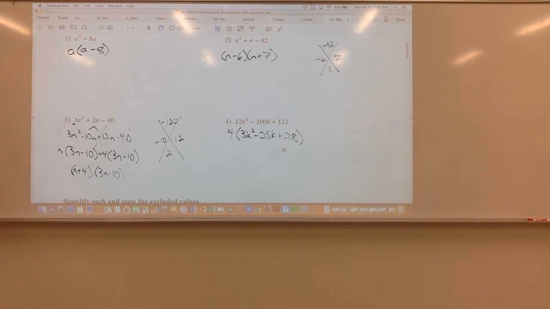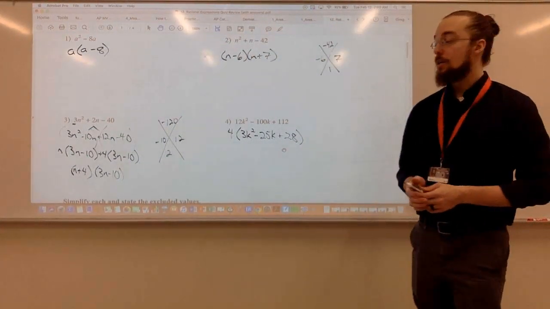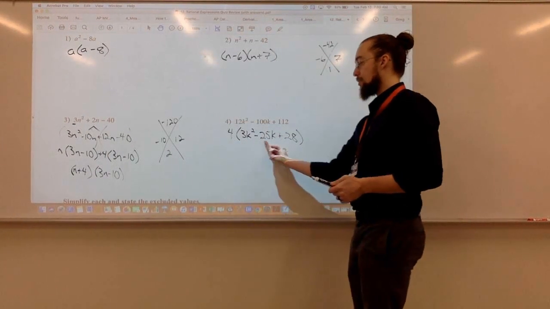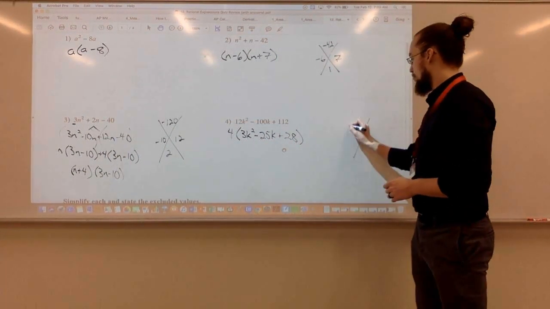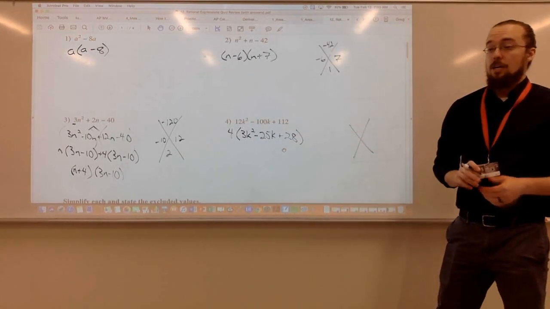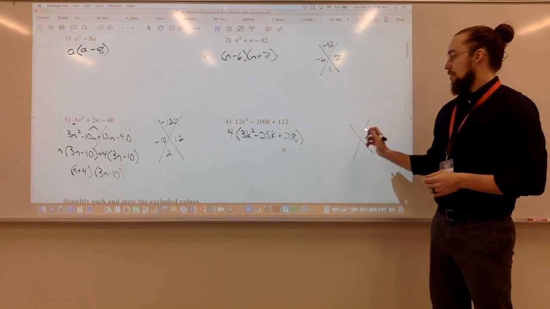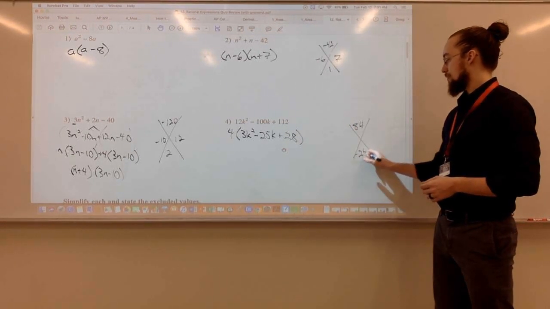So taking a number out will make our factoring a little bit easier. Okay, the numbers are smaller then. So now I will still have to x factor this. Alright, so 3 times 28 gets me 84, and negative 25.